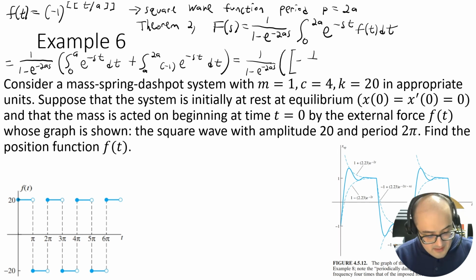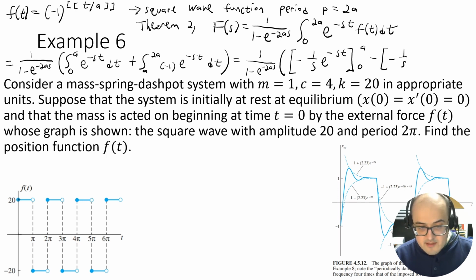Negative 1 over s times e to the negative st, evaluated between 0 and a, minus negative 1 over s times e to the negative st, evaluated from a to 2a.